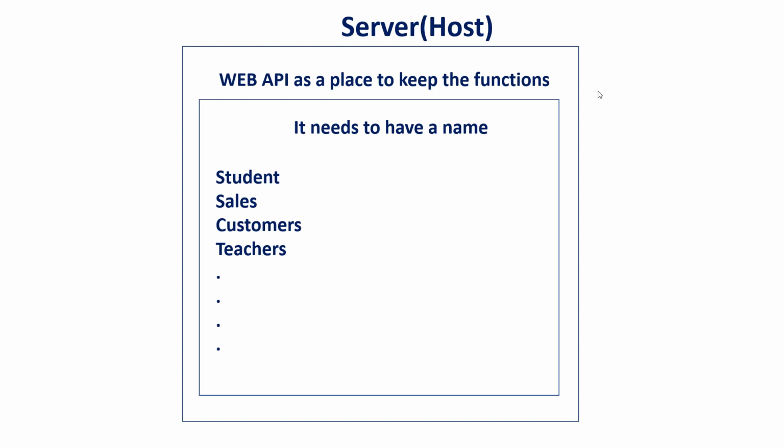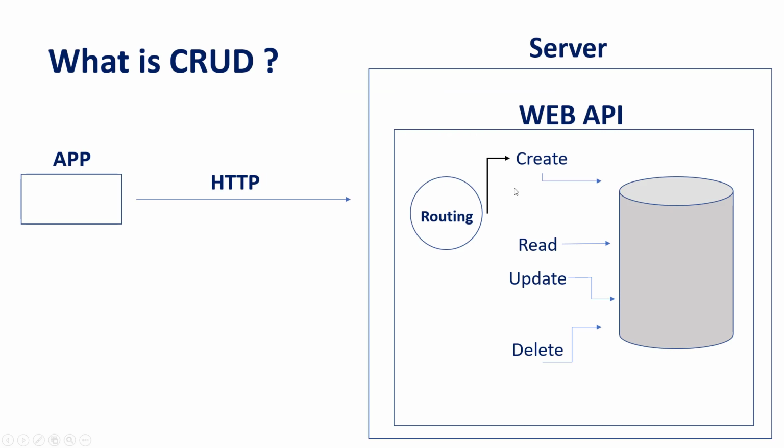So, since I said the API should be like a container to keep the functions, let's have a look at the next presentation. See, my application with a simple HTTP call would send a request to the server.